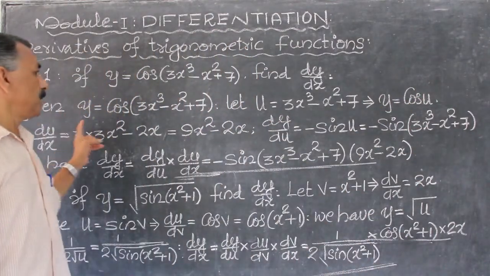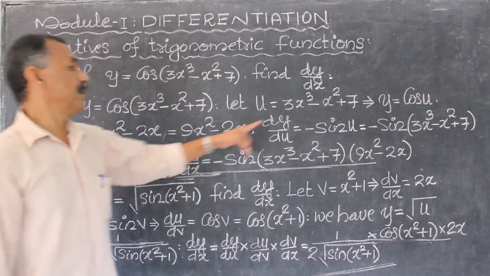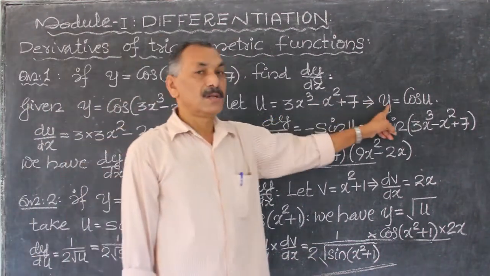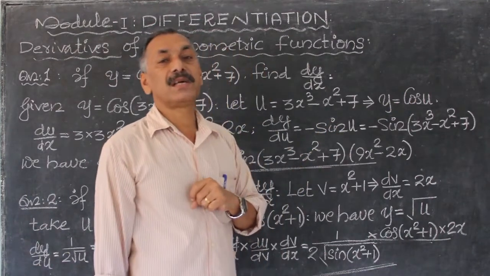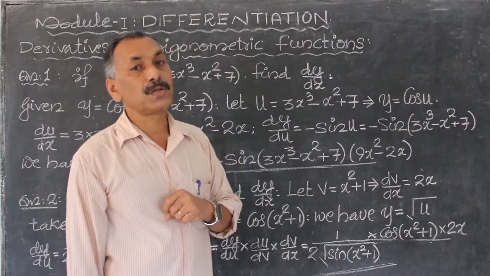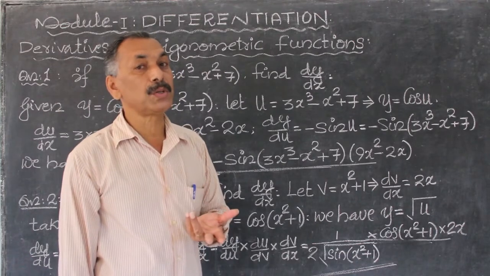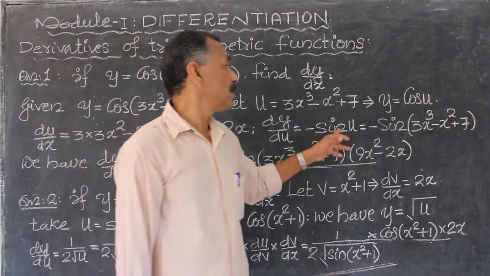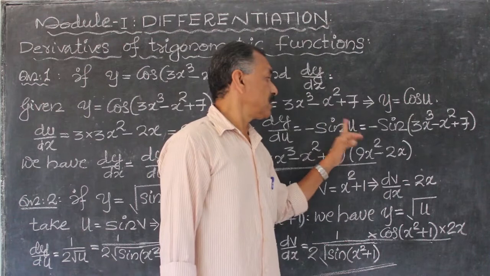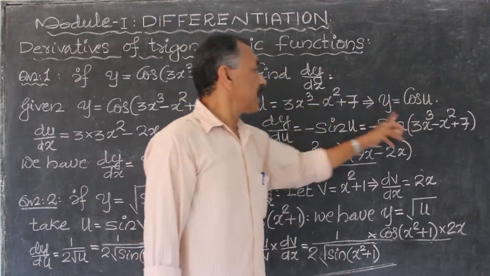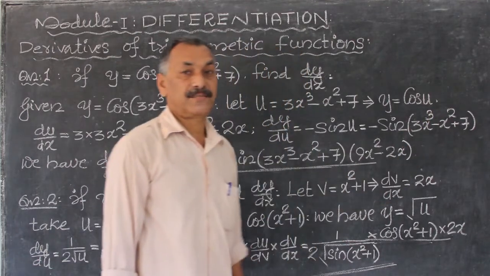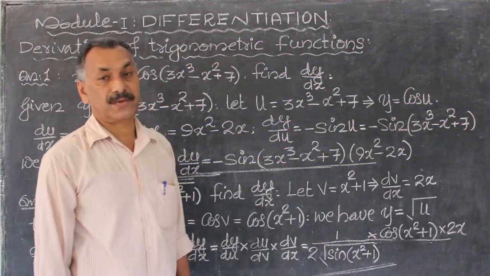Dy by du is equal to the derivative of cos u, which is minus sin u, with respect to u. That is minus sin of u, where u is 3x cube minus x square plus 7.